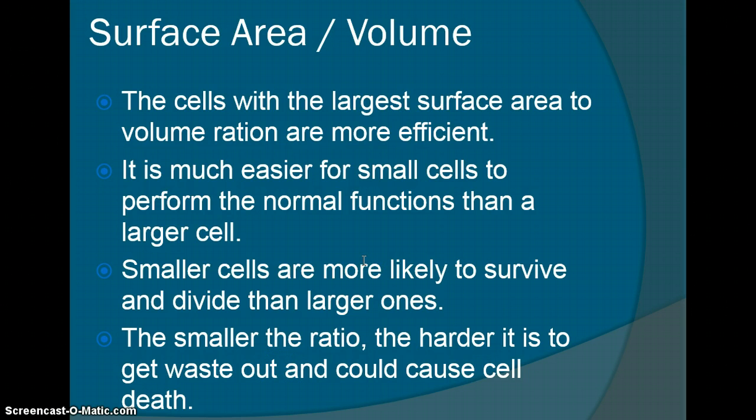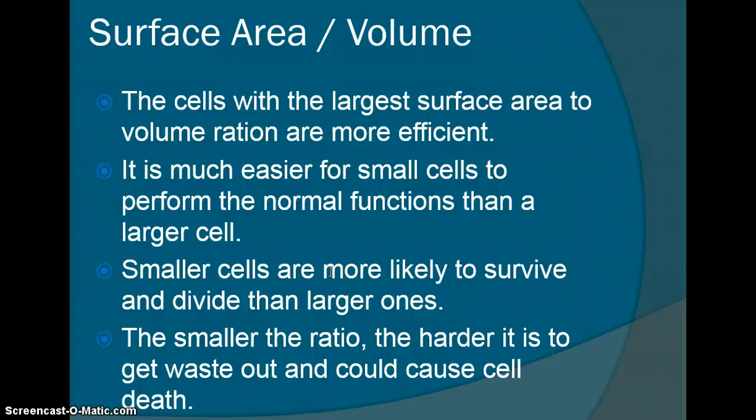Surface area to volume. Cells with the largest surface area to volume ratio are the most efficient. It is much easier for small cells to perform the normal functions than a larger cell. Smaller cells are more likely to survive and divide than larger ones. And the smaller the ratio, the harder it is to get waste out, which could cause cell death.